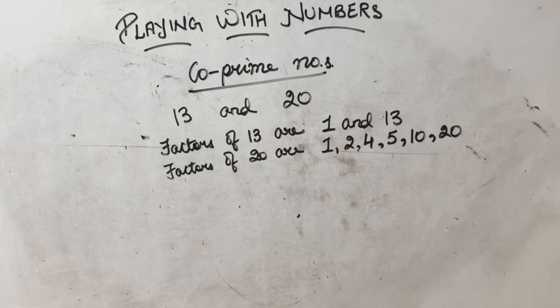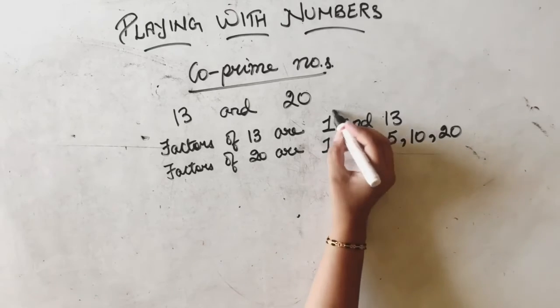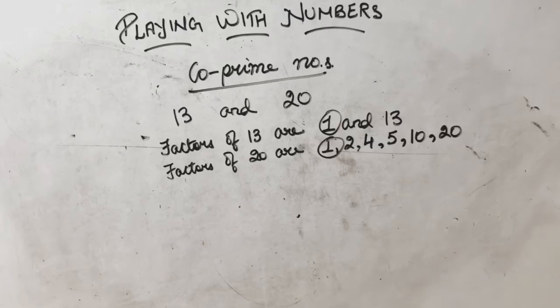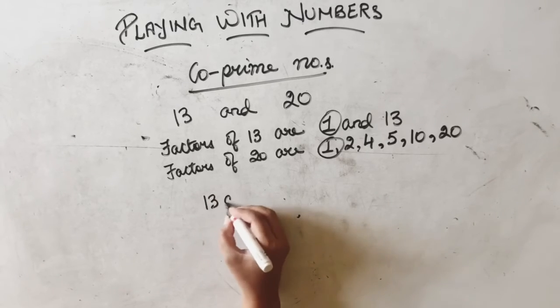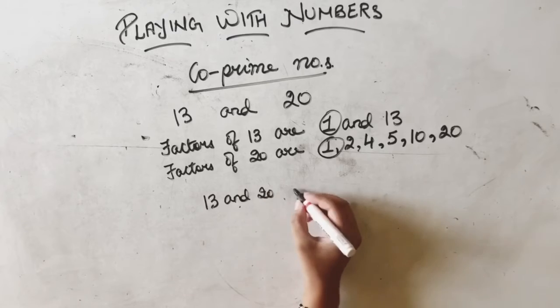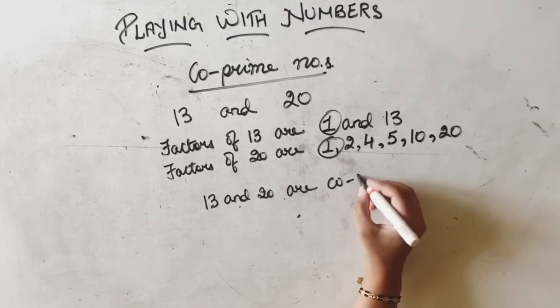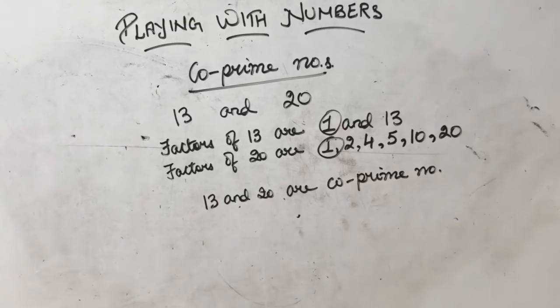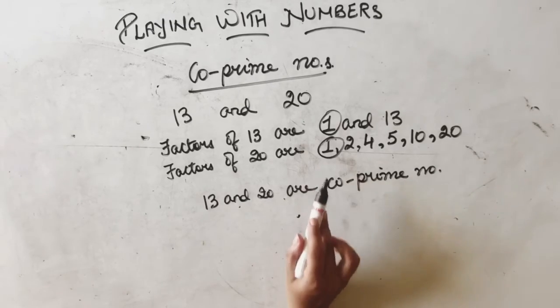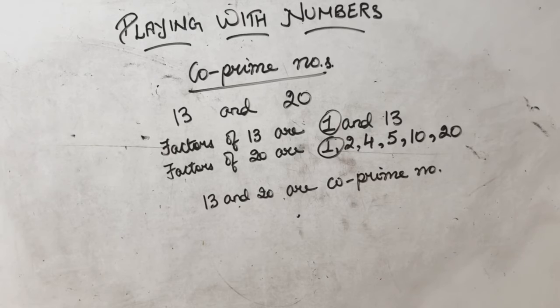What are the common factors of 13 and 20? 1. 1 is the only common factor of 13 and 20. Therefore, 13 and 20 are co-prime numbers. The numbers which have only 1 as their common factor, those numbers are known as co-prime numbers.